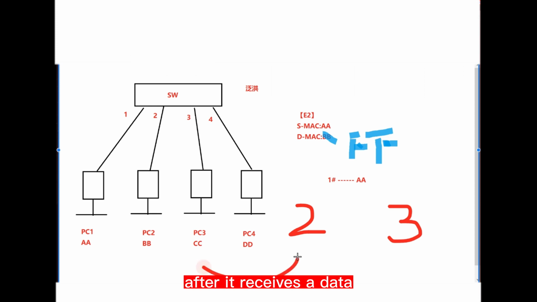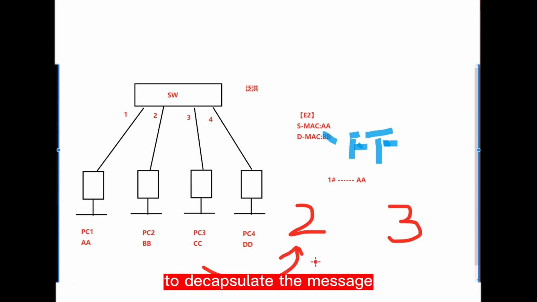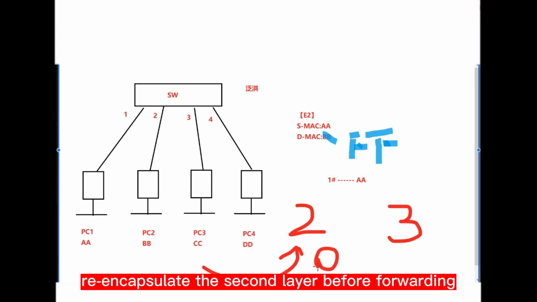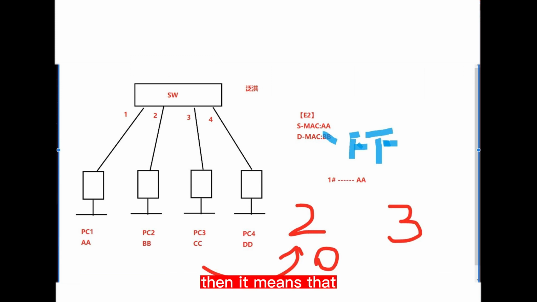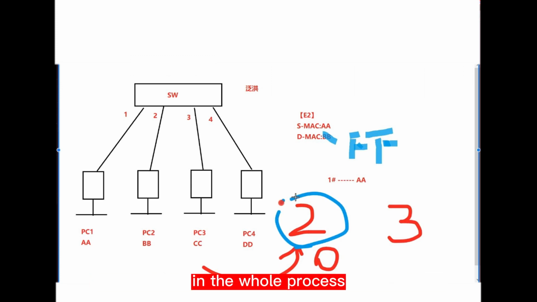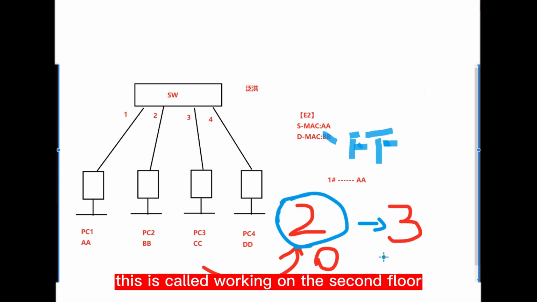After a router receives data, it decapsulates the message. For a switch, after reading the second layer and looking up the table, it re-encapsulates the second layer before forwarding. So in the whole process it only looks at the content of the second layer and does not look at the third layer. This is called working on the second layer.